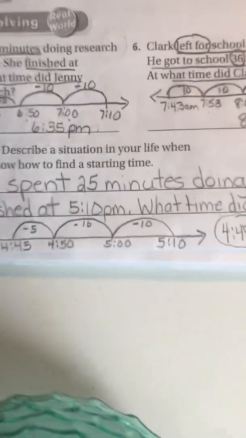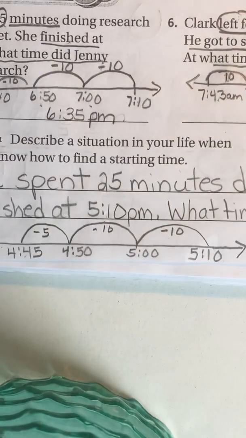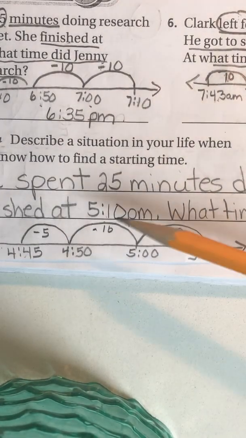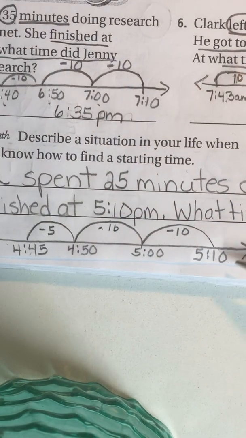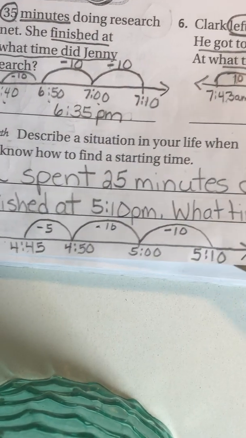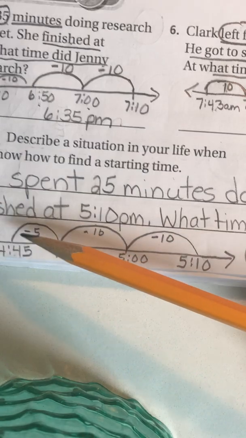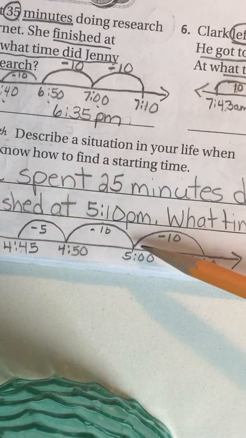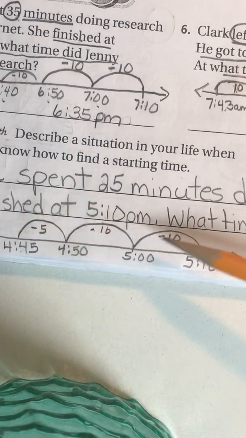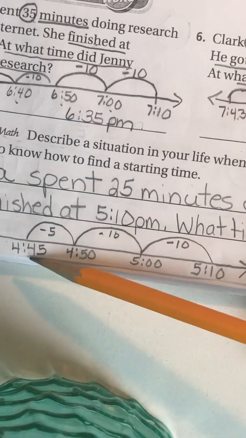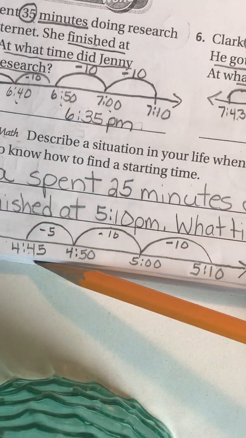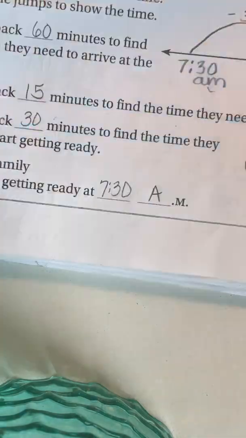So I made my number line. I spent 25 minutes doing homework. I know I finished at 5:10. So my number line ends at 5:10. I have to count back 25 minutes to find the starting time. Take 10 away, take 10 away, take 5 away. There's your 25 minutes. I started at 4:45. We did that on Monday.